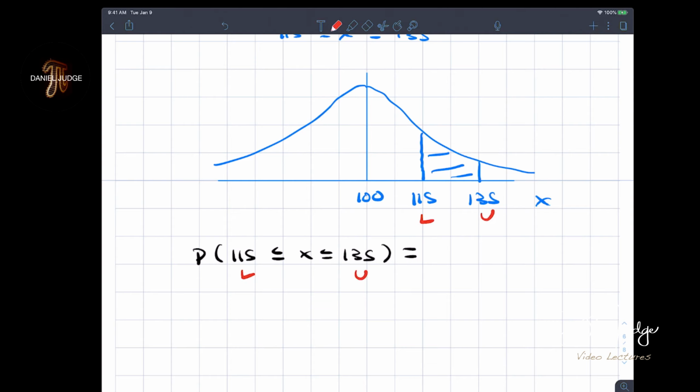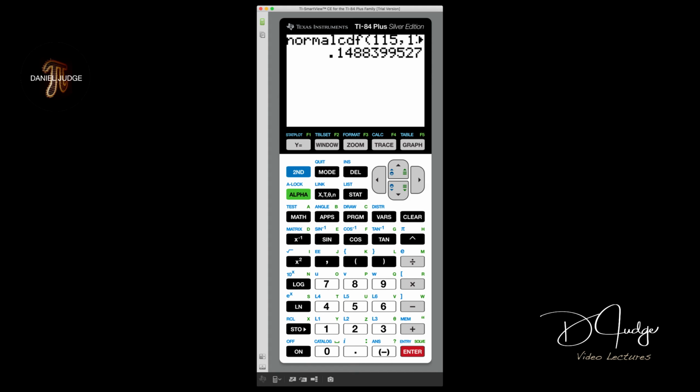Our mean is still 100, so we haven't changed the setting. We get 0.1488. That's a probability value.